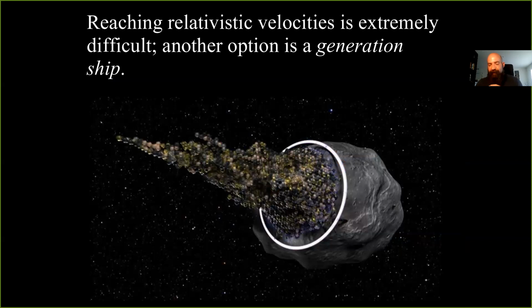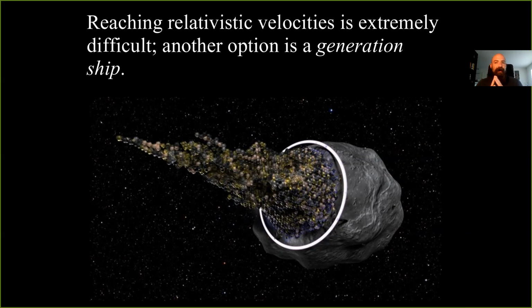So getting to those relativistic velocities is extremely expensive and very difficult. So if we're not traveling at relativistic velocities, then we can expect that at the very best, a journey to the nearest star is going to take probably on the order of decades and may well take centuries. Not just the nearest star, but any star that is relatively nearby.